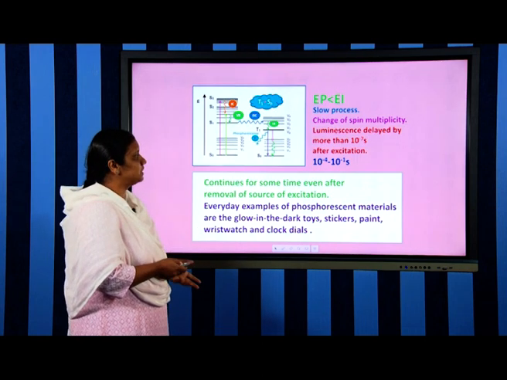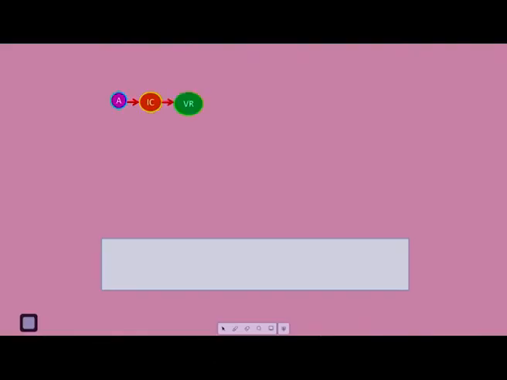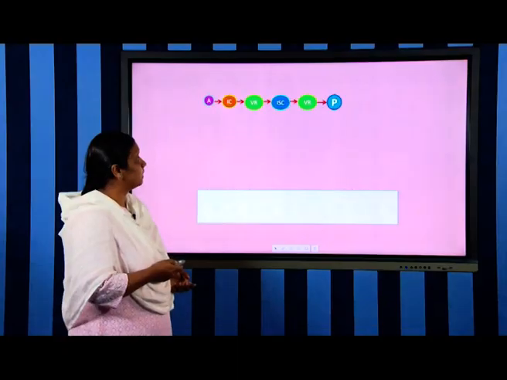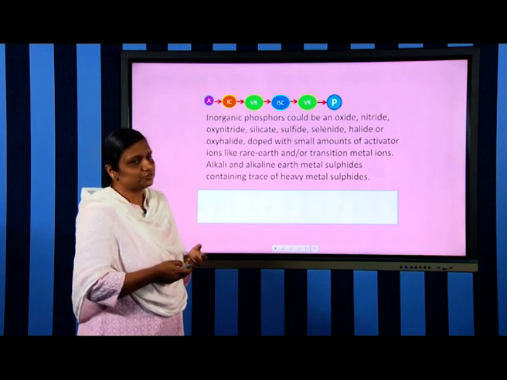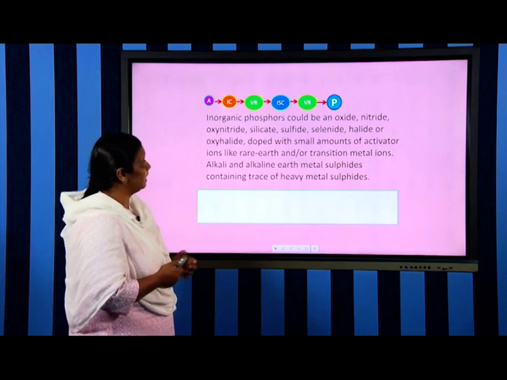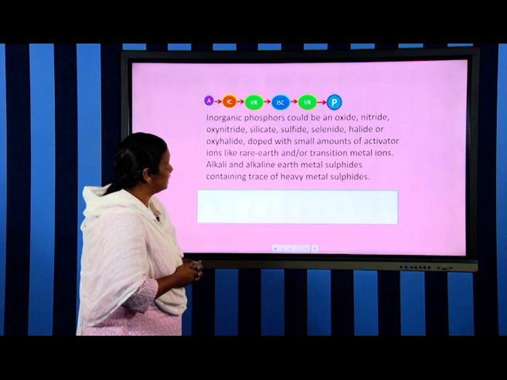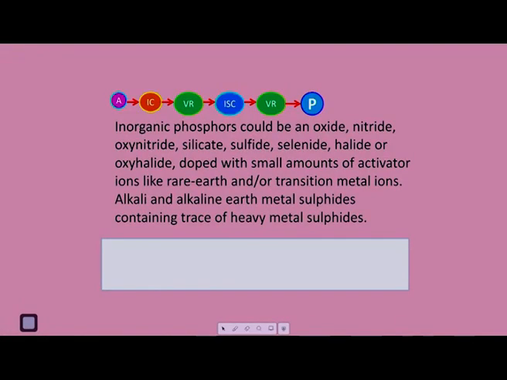These contain phosphorescing material. Now, we can depict phosphorescence as absorbance, internal conversion, vibrational relaxation, intersystem crossing, again vibrational relaxation, and then phosphorescence. And examples of compounds which are phosphorescing are inorganic phosphors like oxides, nitrides, silicates or oxyhalides doped with small amounts of activator ions, like rare earth and transition metal ions.